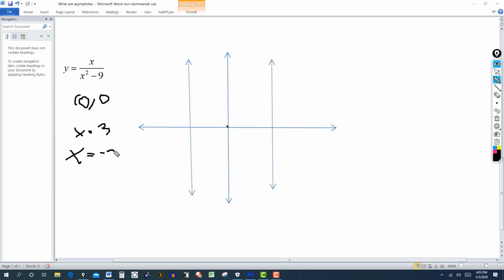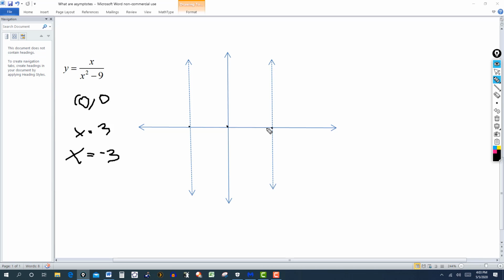Now since the numerator is not 0 at those values, x equal to 3 corresponds to going 3 units from the origin, and over here we have 3 units in the negative direction, -3. So x equal to 3 and x equal to -3 would be your vertical asymptotes.